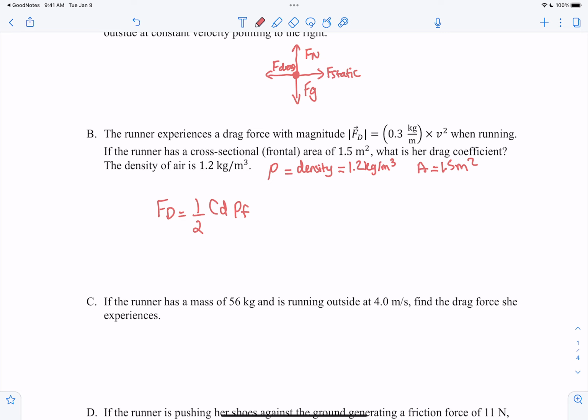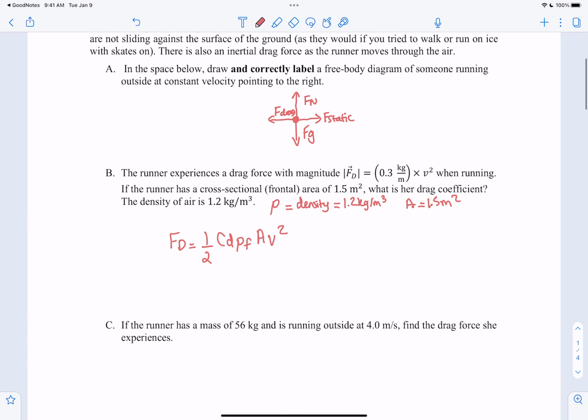Let me draw it a little more fancy: this is your rho, your density of the fluid, times your area, times v squared. That's your equation for drag there.